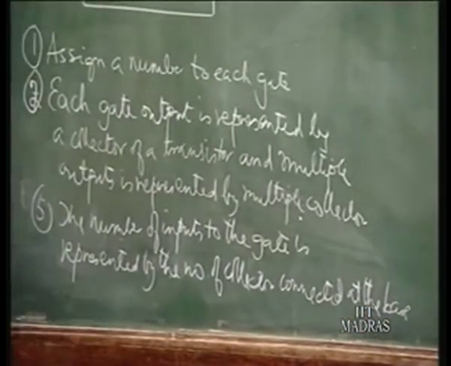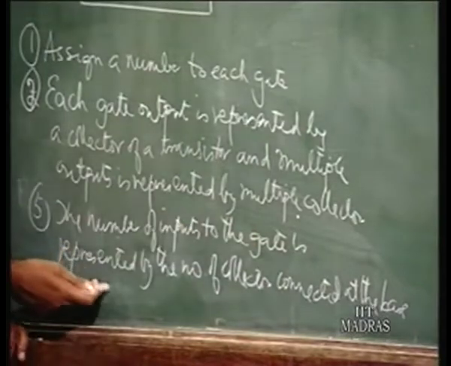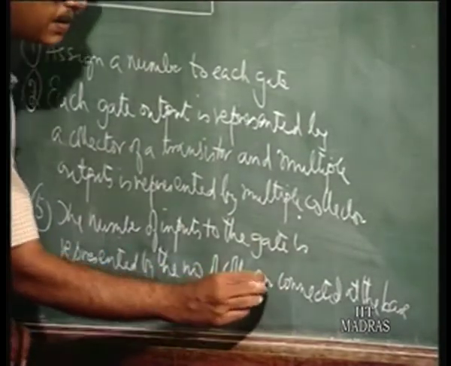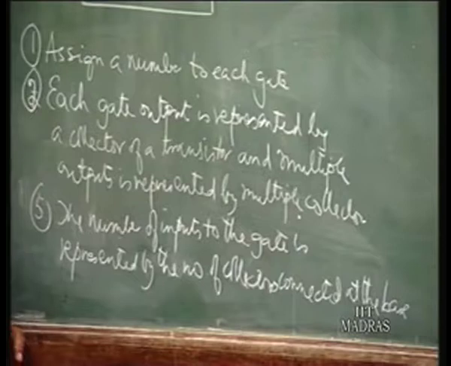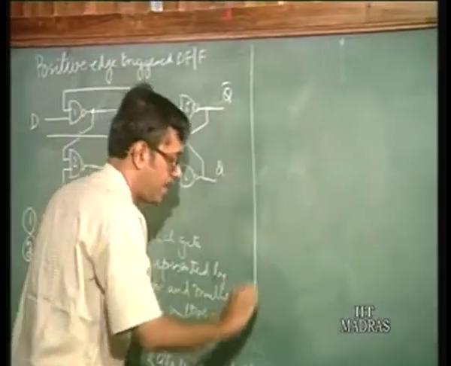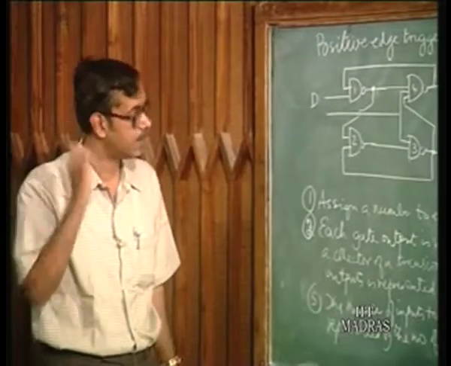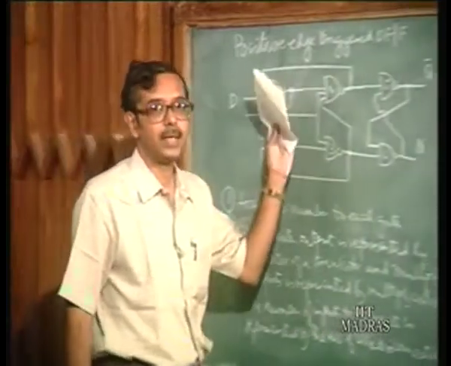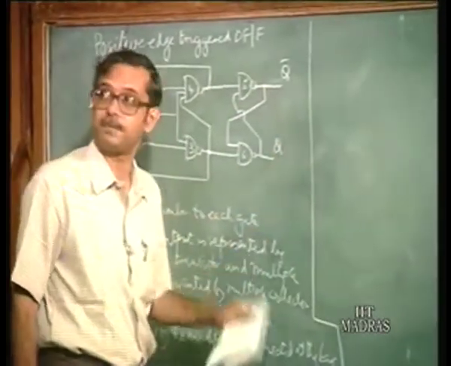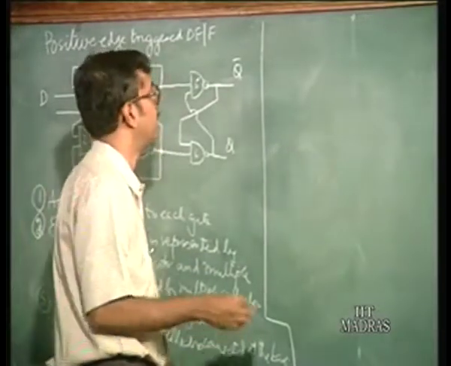So the number of inputs to the gate is represented by the number of collectors connected at the base. So these are the set of rules which we follow, similar to the one for the NOR gate. Now once we do that, we can realize this using transistors in the I squared L configuration.